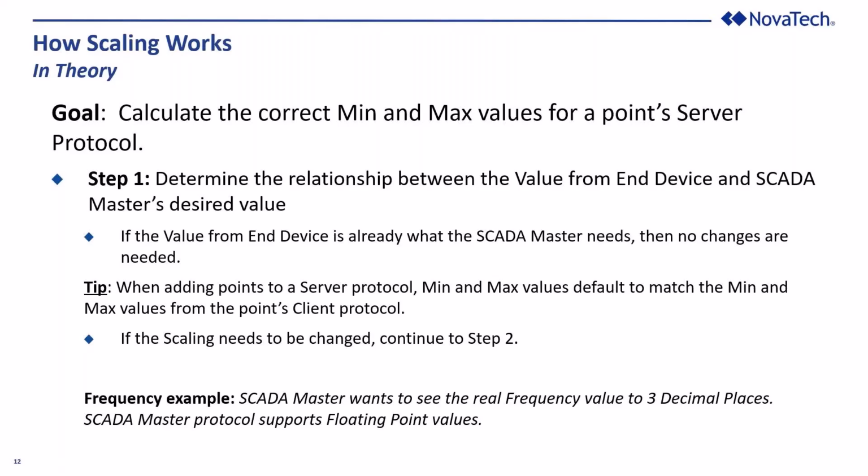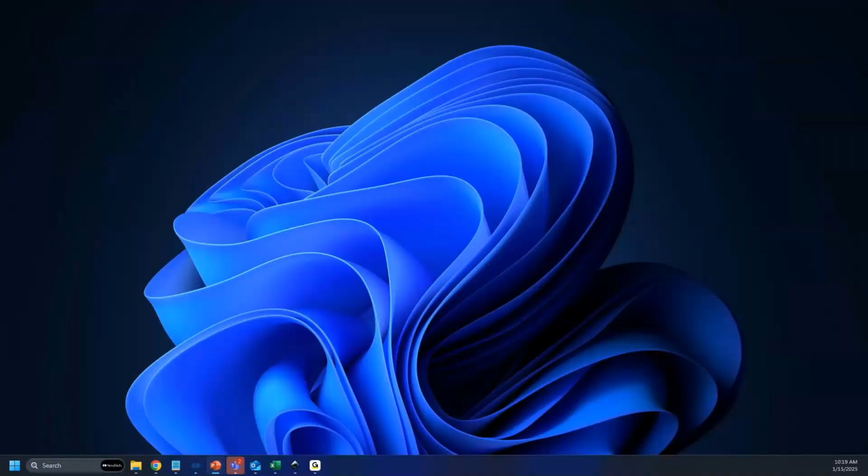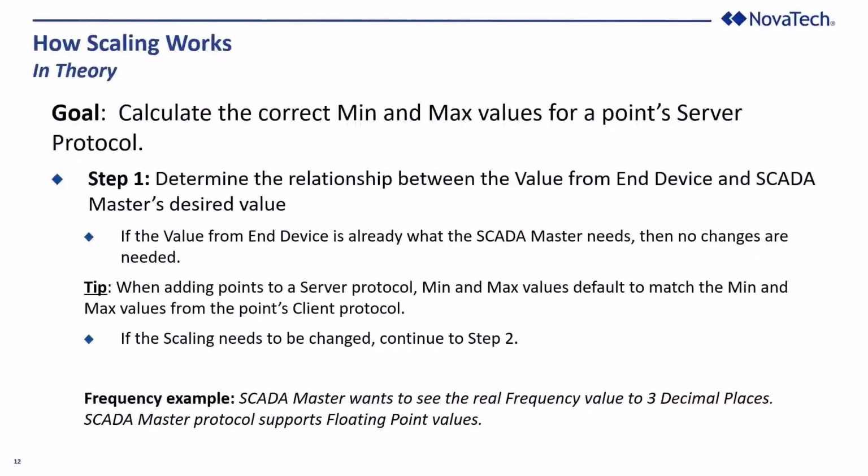Our goal here is to calculate correct minimum and maximum values on the server point, in the server protocol for a specific point. The first thing you need to determine is the relationship between the value you're receiving from your end device and what your SCADA master is looking for, whether that be signed, unsigned, or integer.